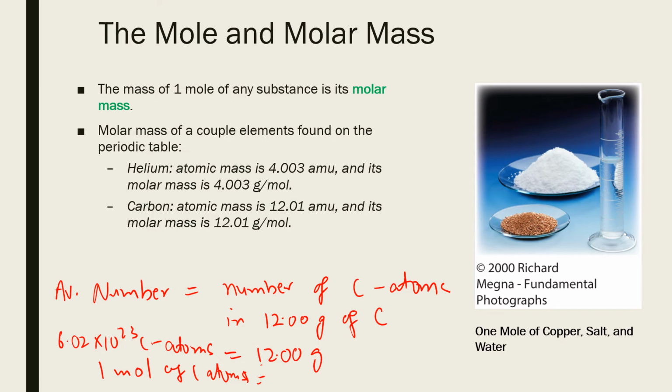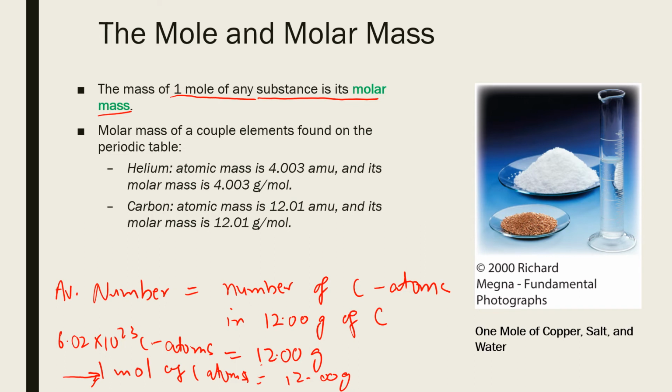So if you have 1 mole of carbon atoms, they will weigh 12 grams. Hence, the mass of 1 mole of any substance is equal to its molar mass. Because 1 mole of carbon is 12.00 grams, the molar mass of carbon is 12 grams.